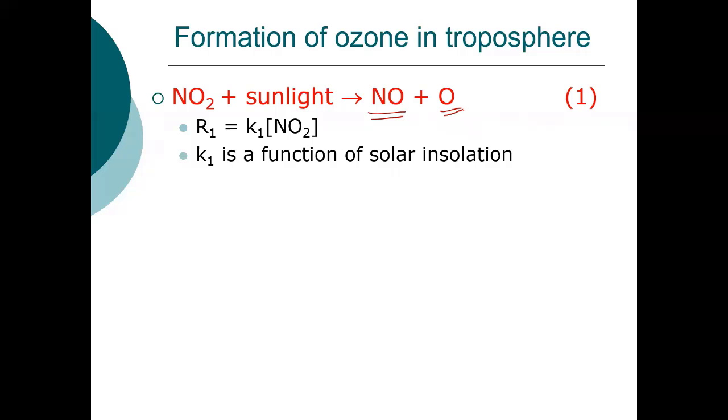It's a first order reaction, and it is a function of the NO2 concentration, and the rate constant is a function of the solar insolation. So solar insolation is very low at night, increases during the day, reaches a maximum around noon, and then decreases again after that.